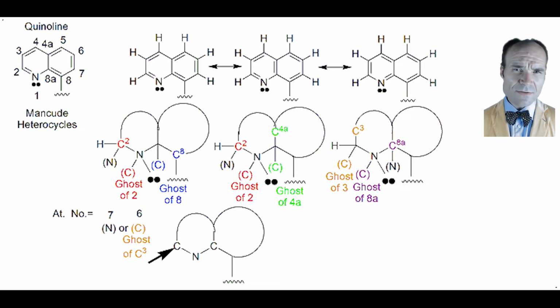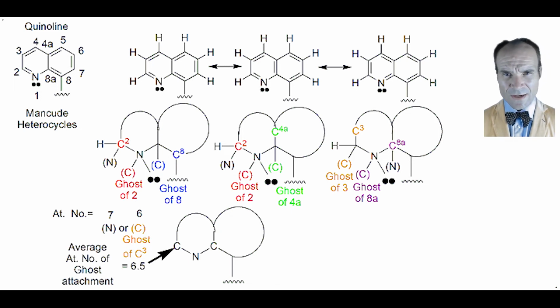So the values of the atomic number influence the priority calculation proportionately to the number of ring atom sources for that atom. Here, there is one ring atom source for the nitrogen atomic number 7 and one ring atom source for the carbon atomic number 6. Thus, two sources, one for each nitrogen and carbon, so the average is 6.5.